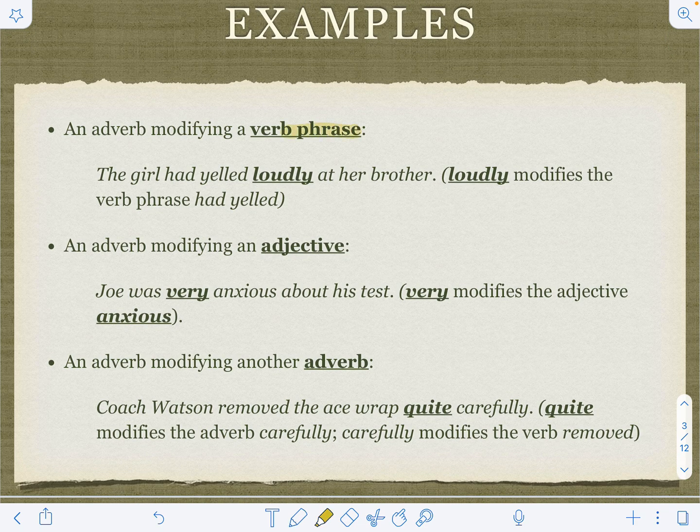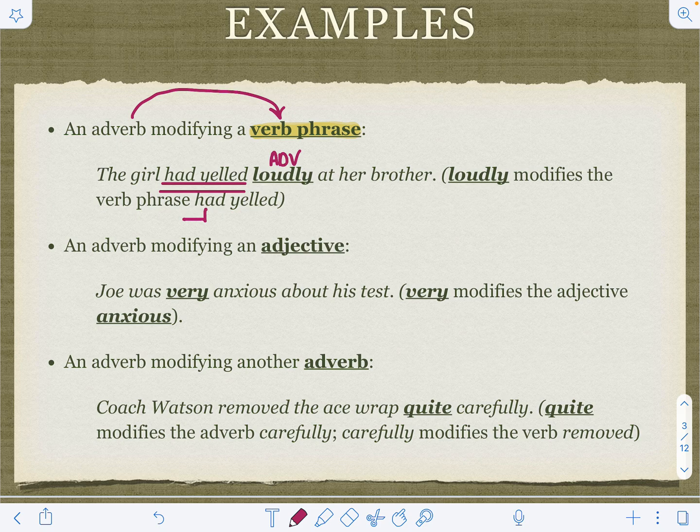This is one where the adverb is modifying a verb phrase. The girl had yelled loudly at her brother. Loudly is our adverb, and it's modifying the verb phrase had yelled. Just a quick review.